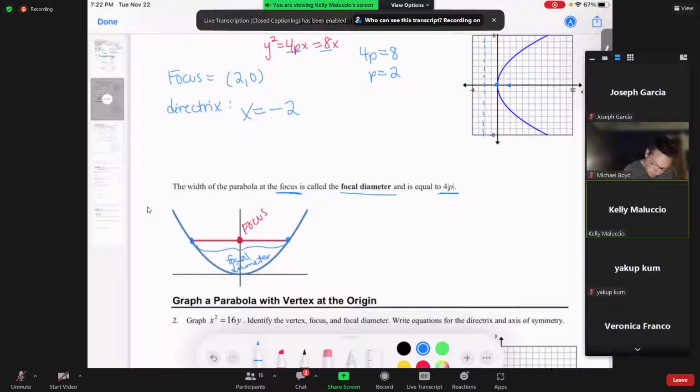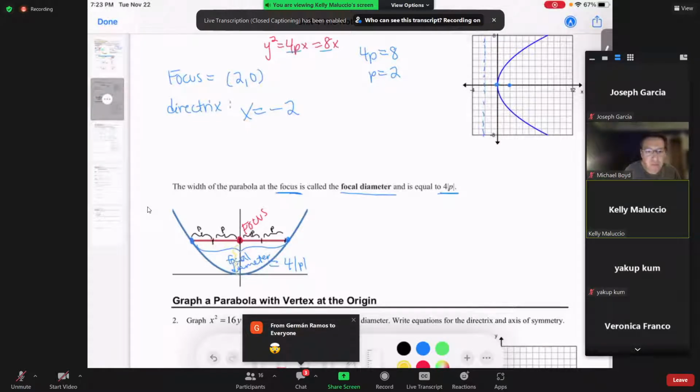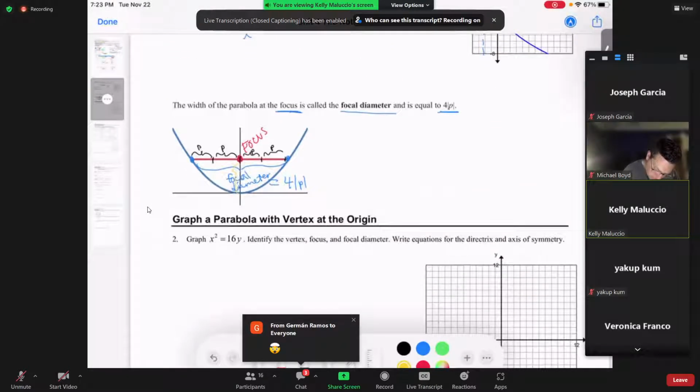And it equals 4 times the absolute value of p, because it's a distance, so it's positive. So what that means is, if we want to know what p is, if we just divided this into 4 equal parts, this is p, this is p, this is p, and this is p, right? But also, and I've kind of written all over it, this distance is also p. And so this is just where it's coming from.